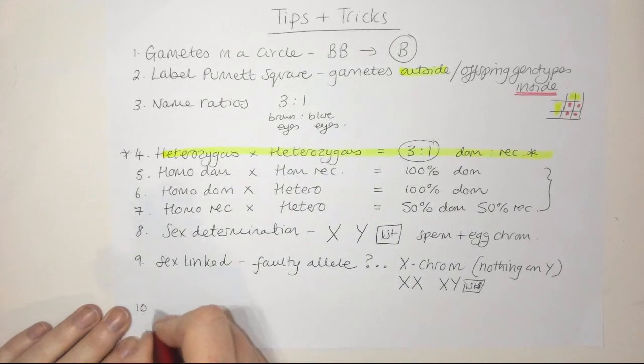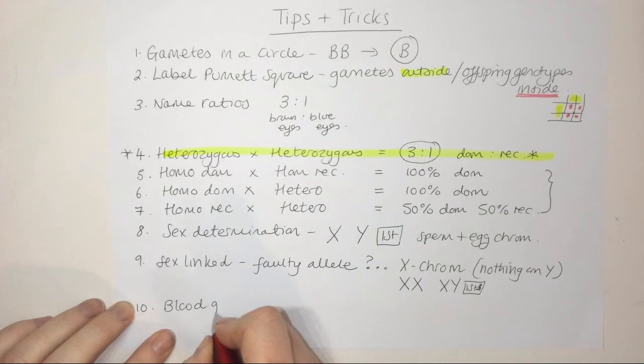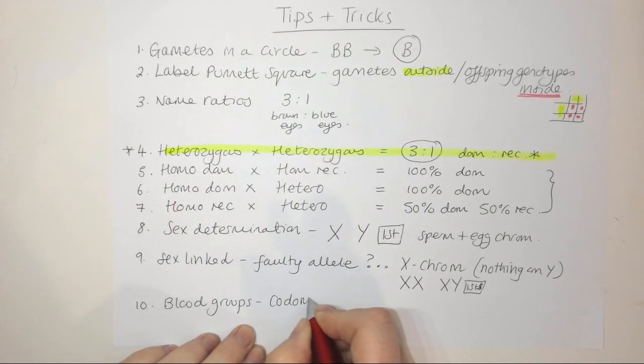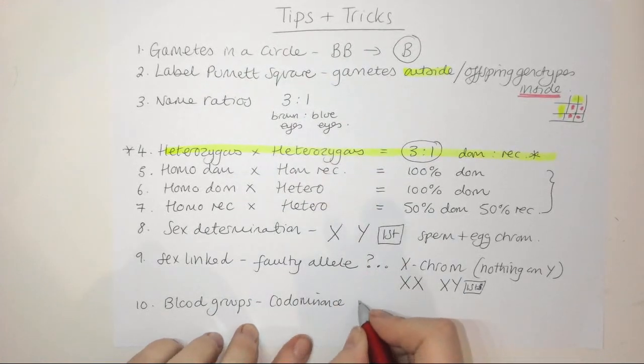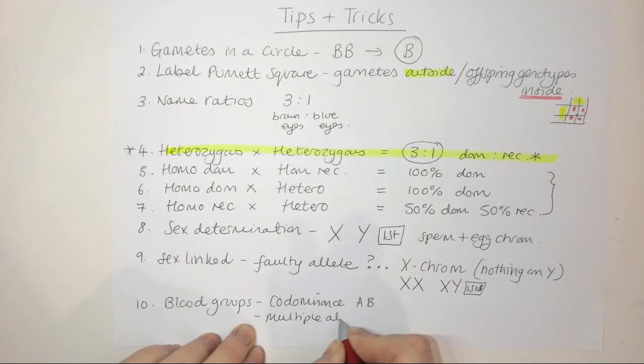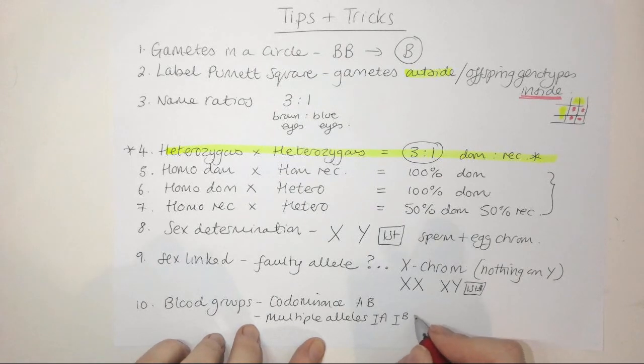And finally, with the blood groups, we've just looked at those. This is an example of codominance, meaning that the A and the B together make AB blood group, and also multiple alleles. They were codominant, but we also had multiple alleles.